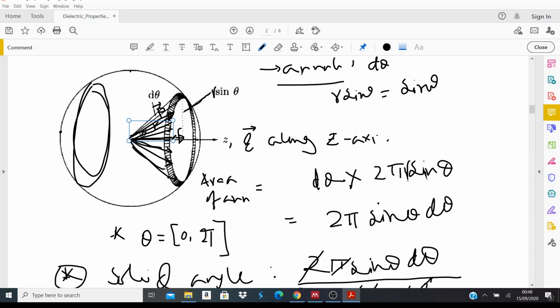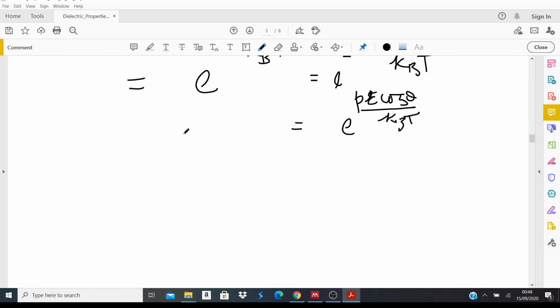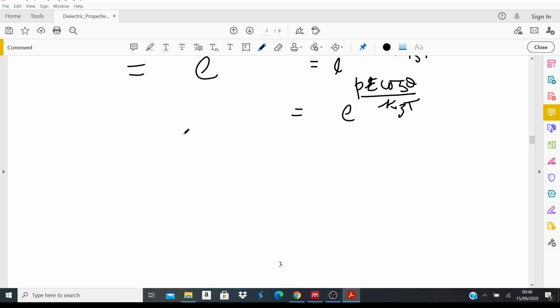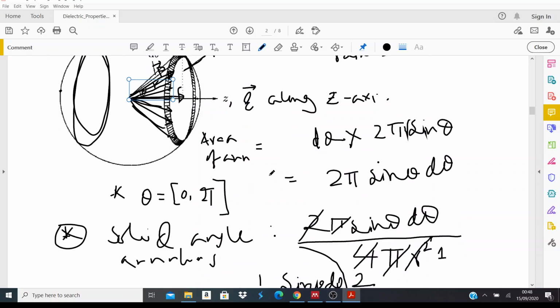That's the quantity we are trying to calculate on average, because this ring can be anywhere, here, here, or here. So we need the average of this P cos theta term, which is the average electric dipole moment along the direction of E.